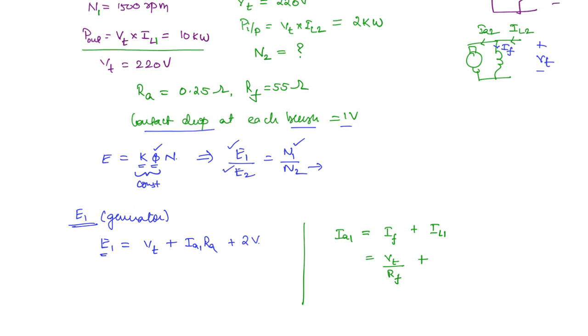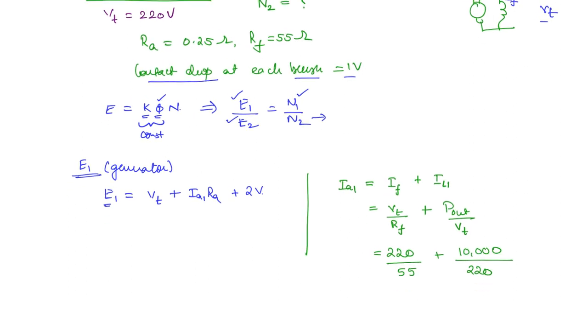The output power is given as P out is equal to 10 kilowatt. Okay. So IL1 will be equal to P out by terminal voltage. So this is 220 volt divided by RF is 55 plus output is 10,000 because 10 kilowatt is given divided by 220.